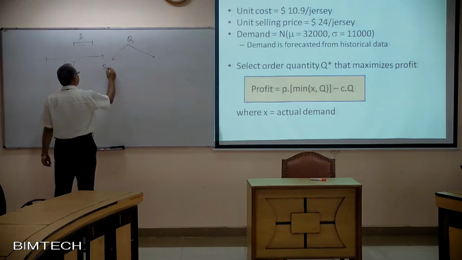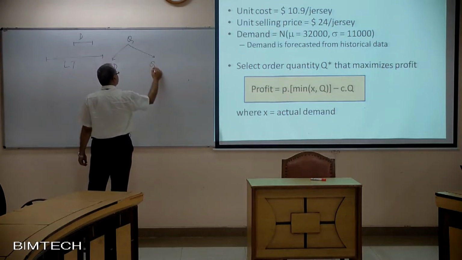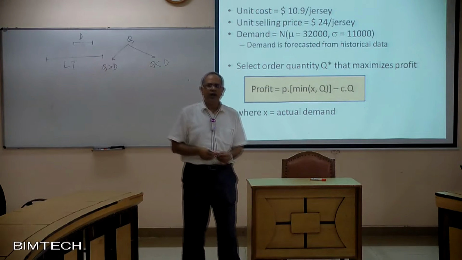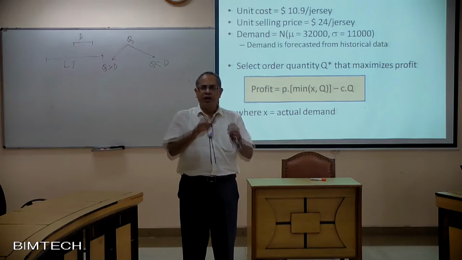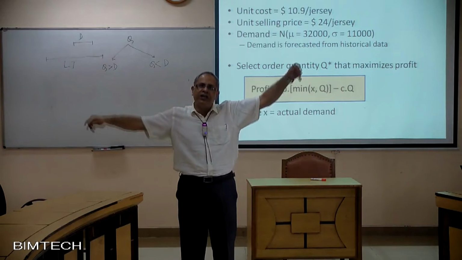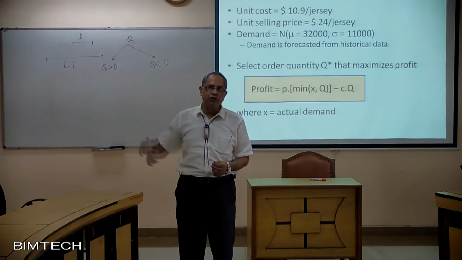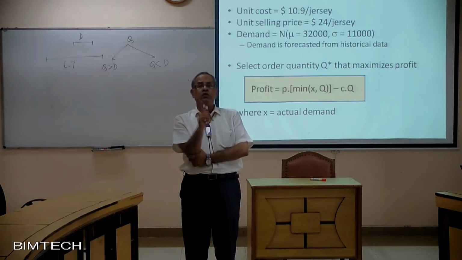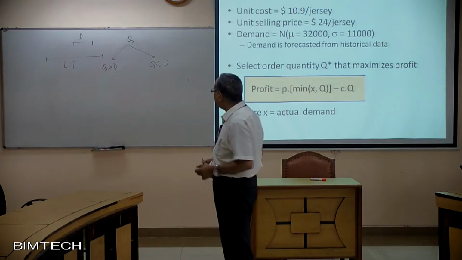One is that Q is greater than D, or Q is less than D. These are the only two possible cases. We are not considering the case Q equal to D, because when the demand is continuously distributed with those kind of mean and standard deviation, the probability of getting a quantity ordered exactly equal to the demand is almost zero. Okay, so we are not considering that case.